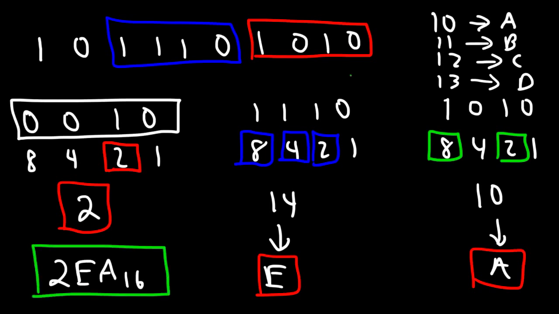And so that's it. That's how we can convert this binary number into a hexadecimal number. Now let's try another example. 1, 1, 1, 1, 0, 1, 1, 1, 1, 1, 1, 0, 0. Try that one. So let's separate it into groups of 4.